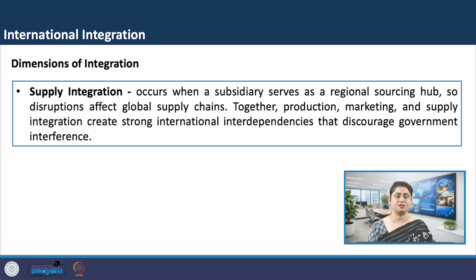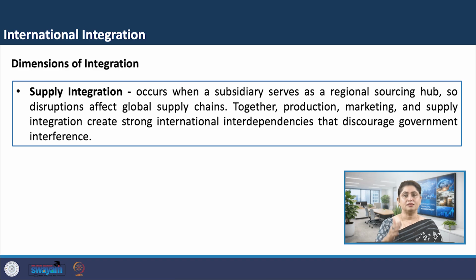The third dimension is supply integration, where the subsidiary acts as a regional procurement hub, sourcing raw materials or inputs for the MNC's broader network across multiple countries. Now, what does it mean if you disrupt it?